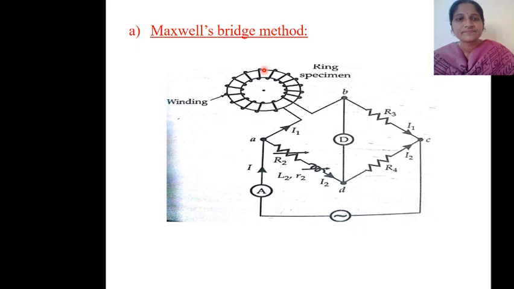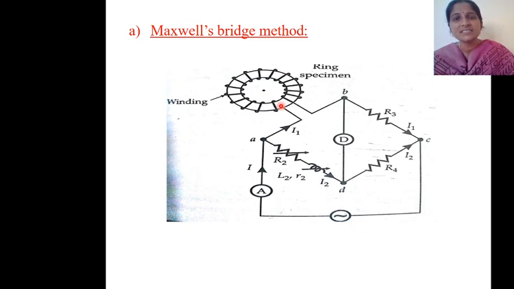So this is the ring specimen. The values of inductance and resistance are not known, and this is connected in the first arm of the bridge. Let Rs be the unknown resistance and Ls be the unknown inductance.